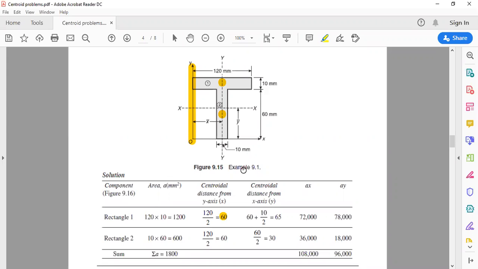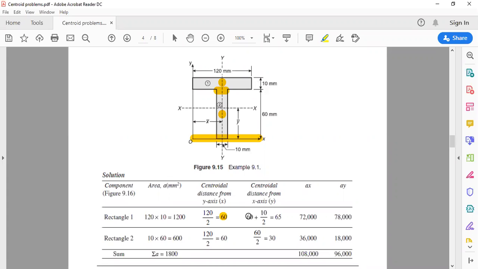Now next I want y bar, which I am going to measure from the x-axis. The distance of this centroid from the x-axis: 60 will get me to the face, and from the face to the centroid it will be 10 by 2, that is d by 2.